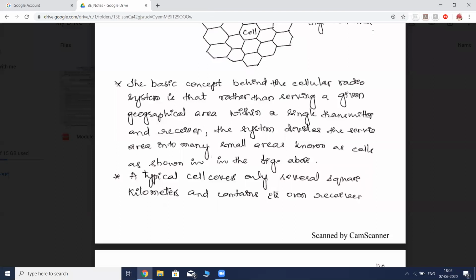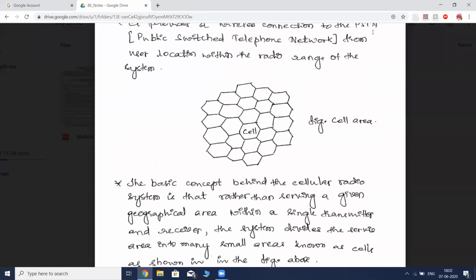As shown, the basic concept behind the cellular radio system is serving a given geographical area with a single transmitter and receiver. The system divides the service area into smaller areas, which are known as cells. A typical cell covers several square kilometers, and it contains its own receiver as well as a transmitter.